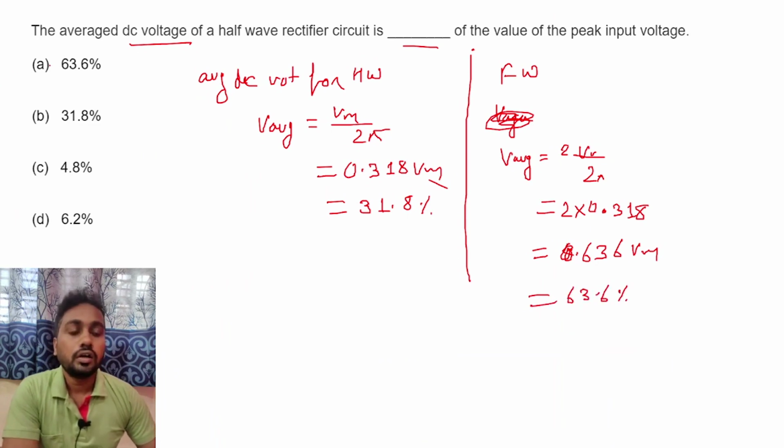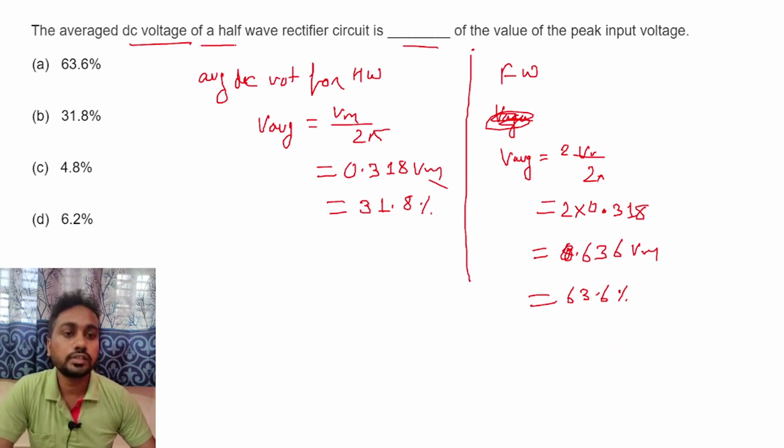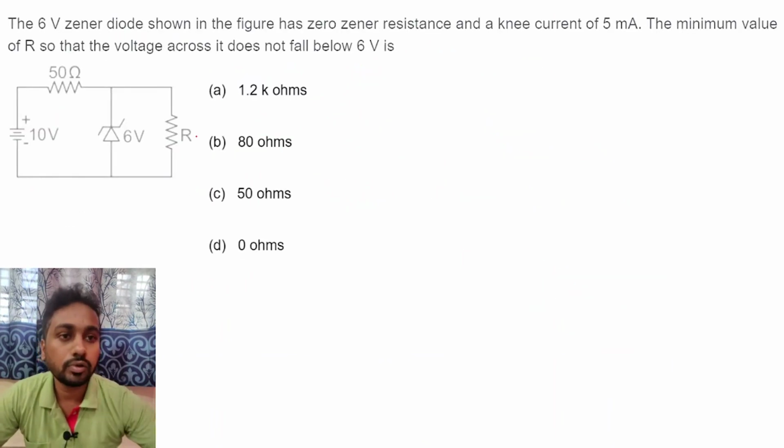So you have to remember the half wave rectifier and the full wave rectifier. Here they asked the average DC voltage for a half wave rectifier, so it is option B, 31.8%. You have to remember everything like that.